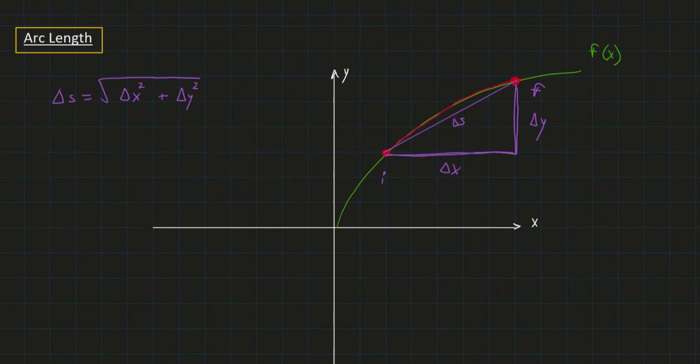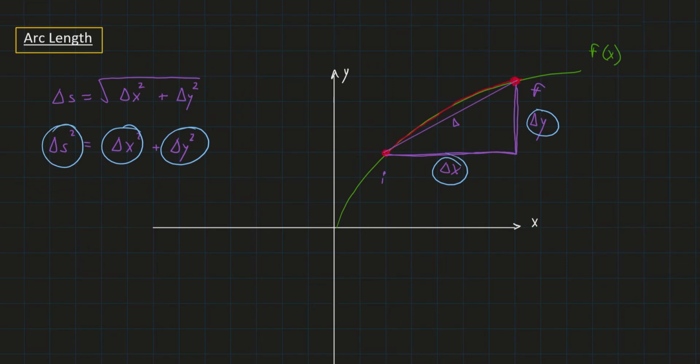My delta s is what I'm calling that distance. And just know that the distance formula is just the Pythagorean theorem. We have a squared plus b squared is equal to c squared. Just in case you didn't know that.